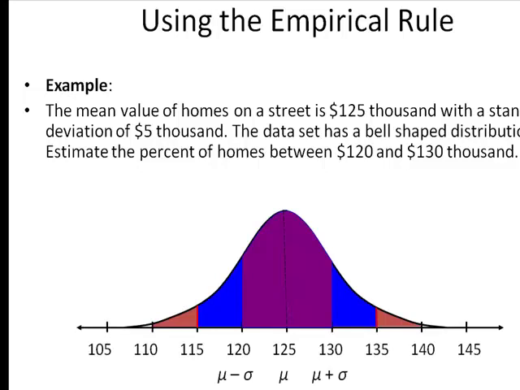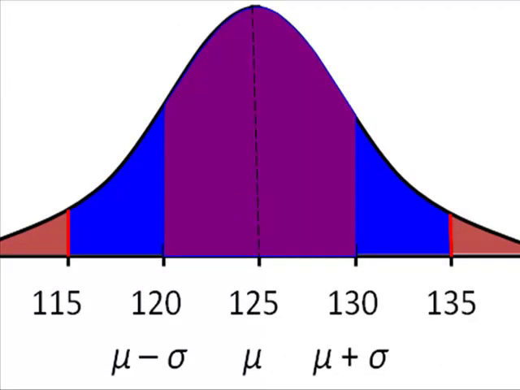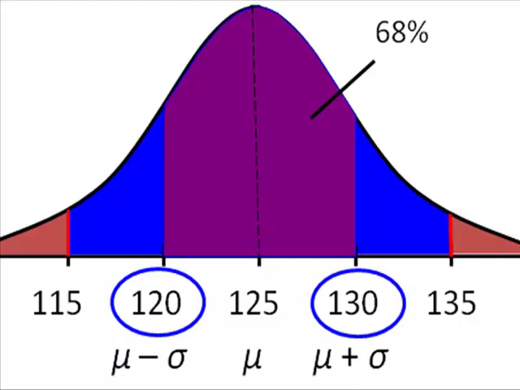Using the numbers that are given, the mean being 125, adding a standard deviation of 5 to get 130, adding another standard deviation, adding another standard deviation, going back to the mean, subtracting the standard deviation from the mean to get 120, subtracting another to get 110. The question is, what percent of homes are between 120 and 130,000? Well, as you can see, it's in the purple. What percentage was that? A total of 68%.